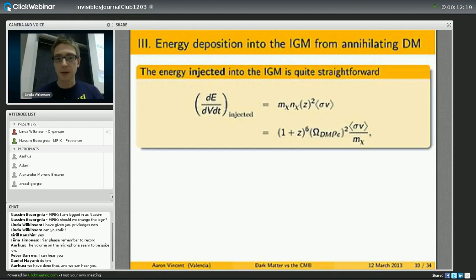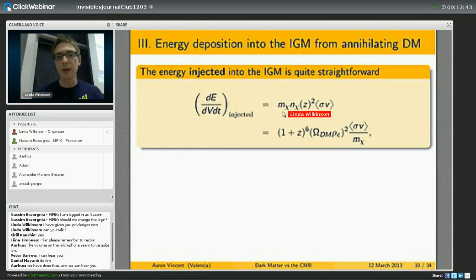So how is energy deposited into the intergalactic medium from this annihilating dark matter? Well, the annihilation rate, so the rate of injected energy, is just proportional to this annihilation cross-section times the number density squared.